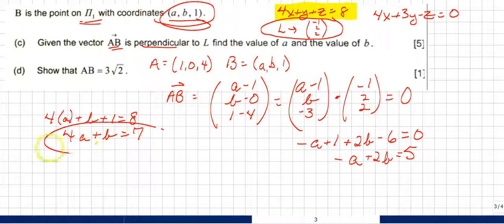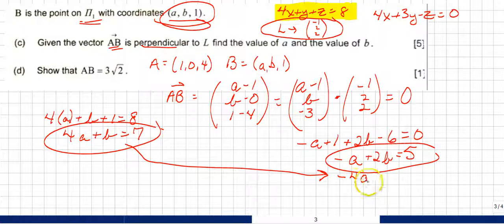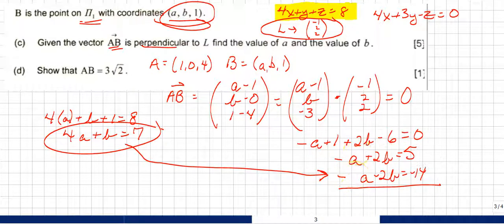Okay, so now we have two equations with a and b, and we can just solve them simultaneously. Let me multiply this one by -2 and put it underneath here. So that's -8a minus 2b, and -14. Whoops, -2 times 4 is -8. We call that arithmetic.